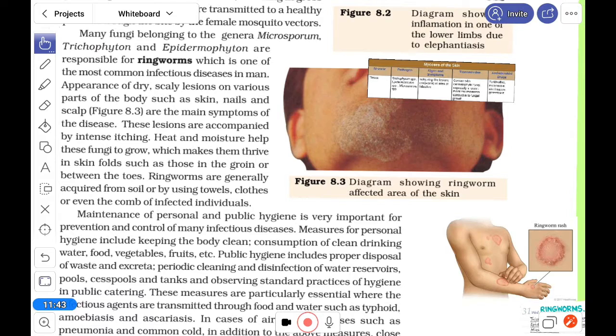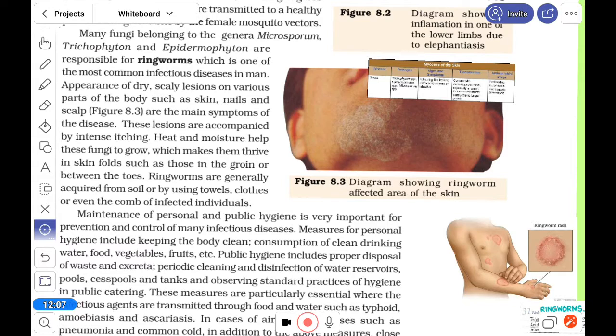Next one, fungal disease. Ringworm is a very common infectious disease in humans. Different fungi like Microsporum, Trichophyton, Epidermophyton, as is there in your book, are responsible for ringworm.